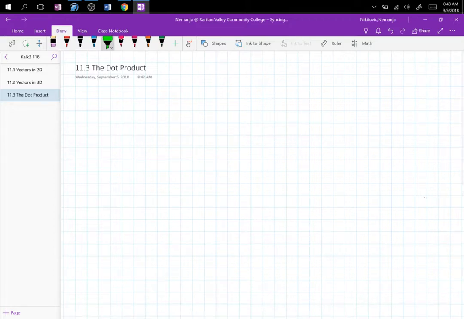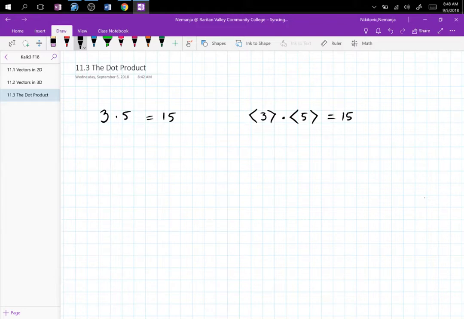So when you say 3 times 5, what you are actually multiplying are two one-dimensional vectors, and you're getting 15. We can write this in vector notation. We never do it, but we can. We can write it as vector 3 times vector 5, which gives us 15.